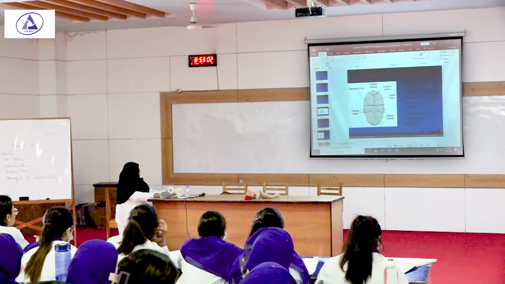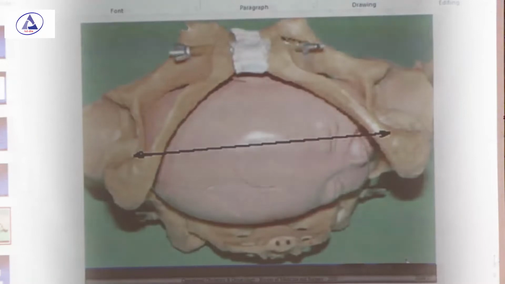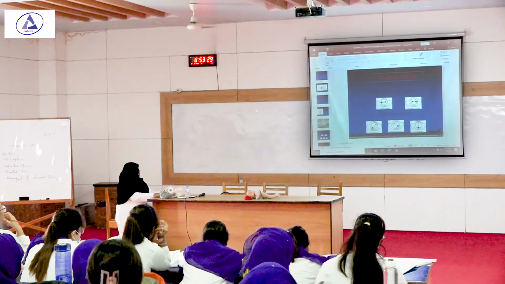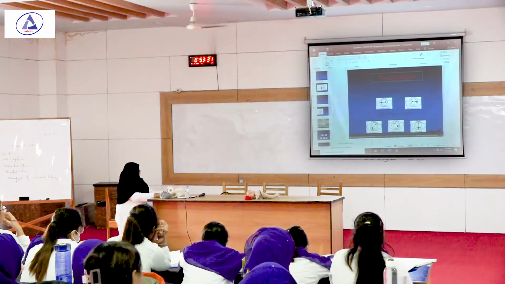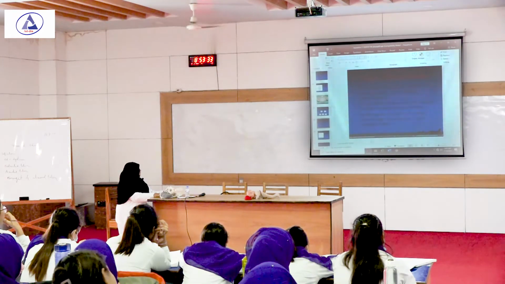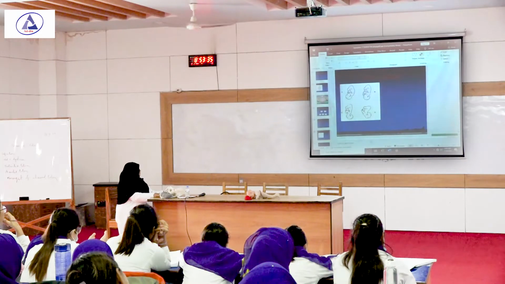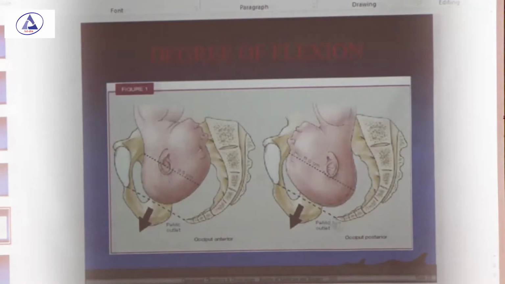This is asynclitism; normally the suture line should be like this. This is transverse arrest. The different positions of the fetal head I already told you. What is this? This position, the brow. The different diameters of the fetal head.